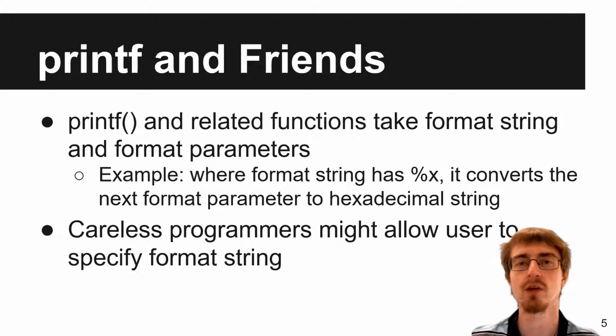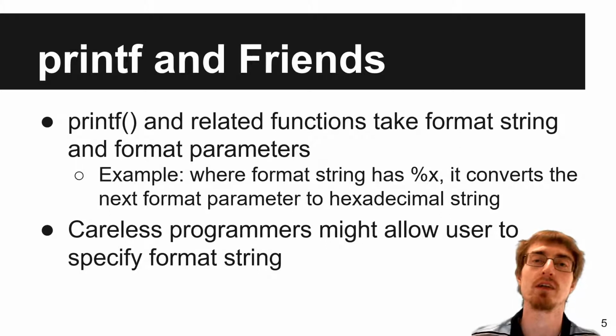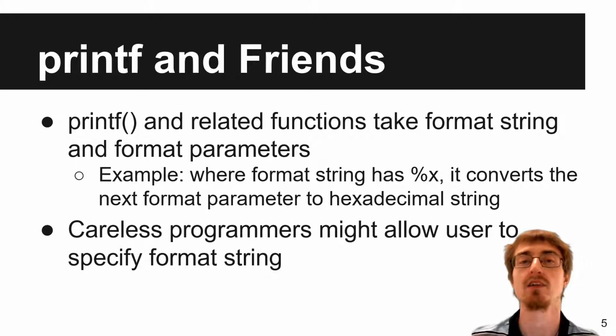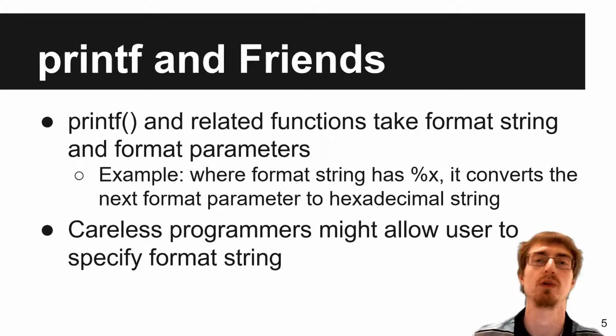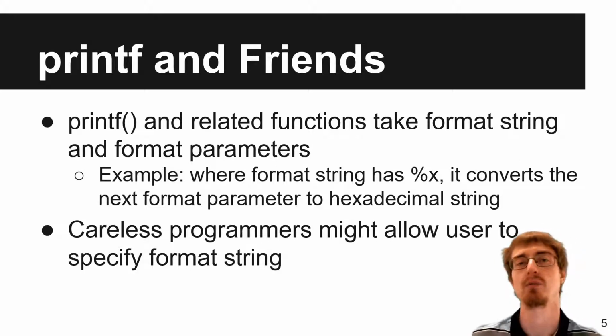And this format will result in a formatted number, string or whatever based on the template specified after the %s. The value filled in is taken from the extra parameters that printf takes. So, for example, if the format string has %x, it's going to convert the next format parameter to a hexadecimal string and add it to the output.